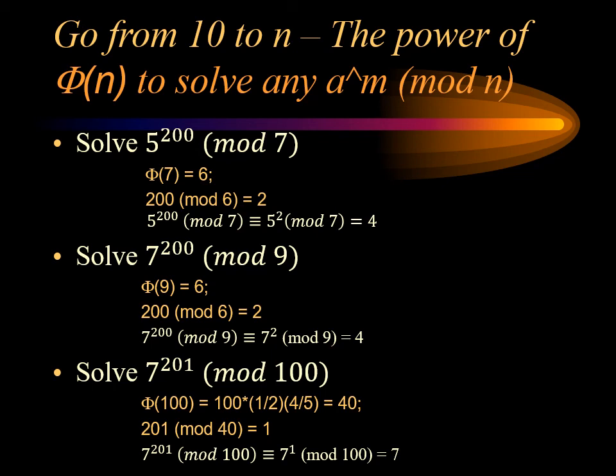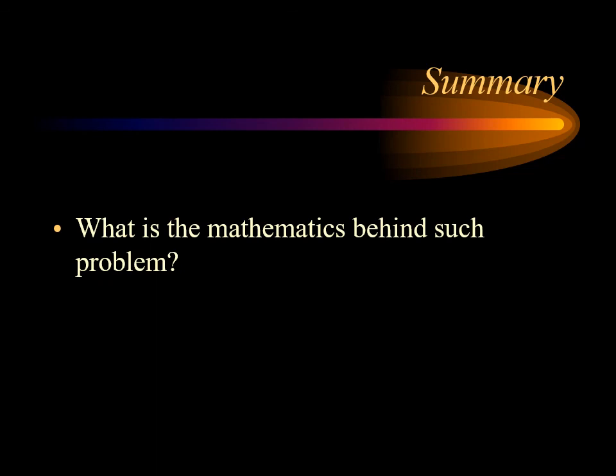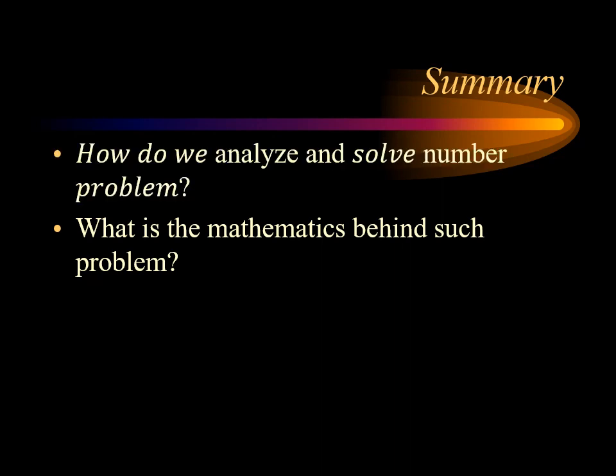So again, it's also very interesting. The summary here is that we looked at this problem of finding the last digits of any power of an integer, and the math behind this is number theory and modular arithmetic, so you not only learn how to do the trick, but also some of the foundational theories behind it, and then you can expand that by looking into group theory and other topics.